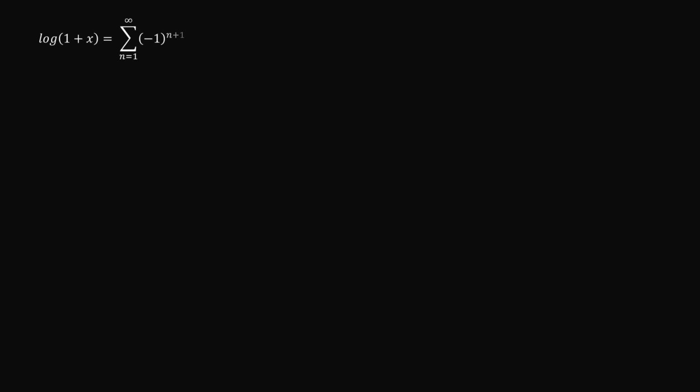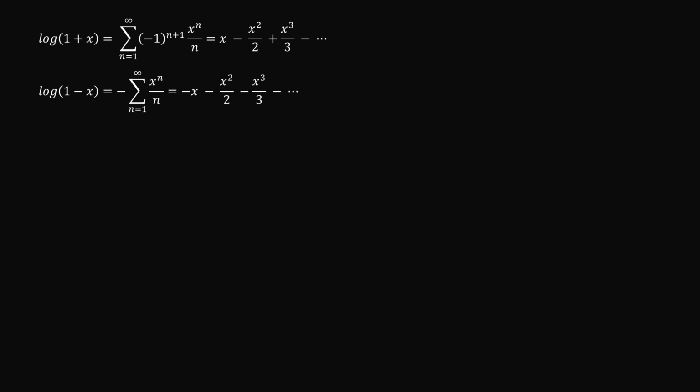So if we take the Taylor expansion or the Maclaurin expansion, natural logarithm 1 plus x, this is the same as x minus x to the power 2 over 2 plus x to the power 3 over 3 minus x to the power 4 over 4 and so on. And log 1 minus x is the same as minus x minus x squared over 2 minus x cubed over 3 minus x to the power of 4 over 4 and so on.